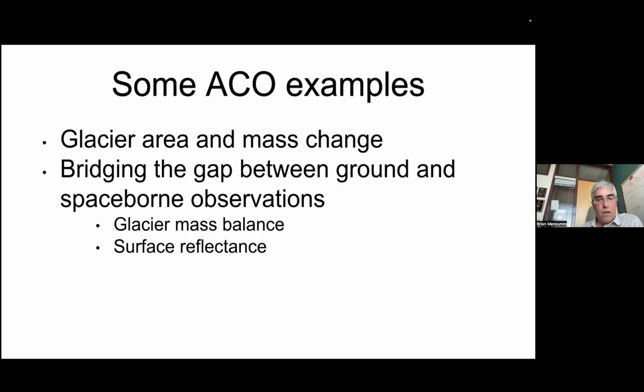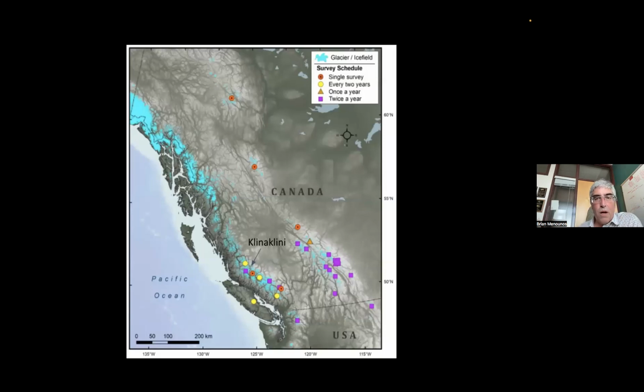So I'll give you a couple of examples here. Here are the typical flights that we fly with the ACO. I'll show you an example of my favorite glacier, Clean. This is also the one that I believe Glenn had on the handout to announce the presentation today. So that was taken from the ground, but I'll show you what Clean looks like from the air.